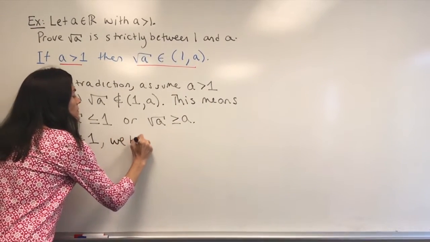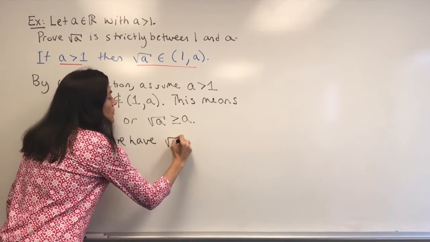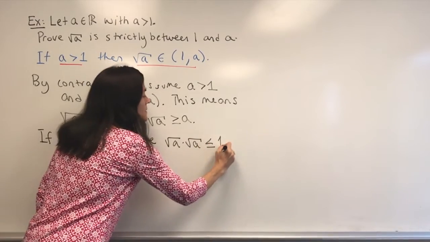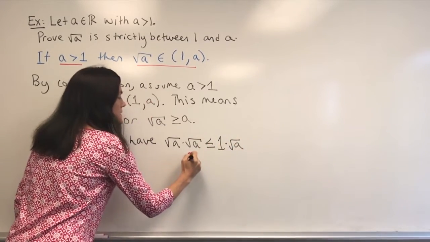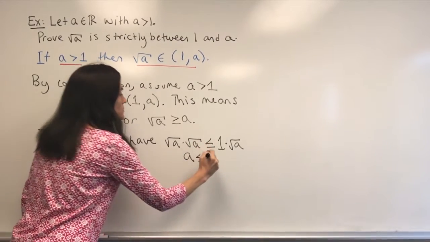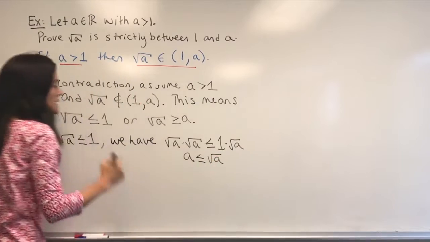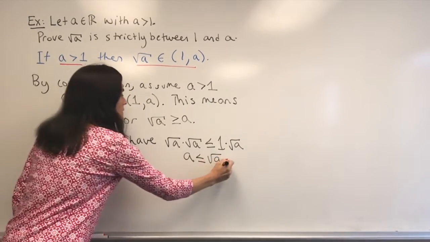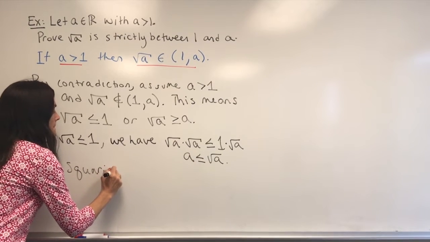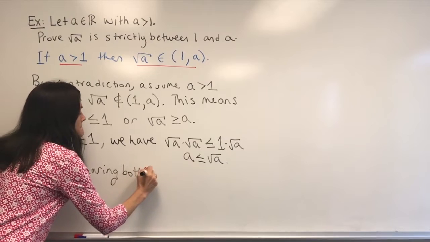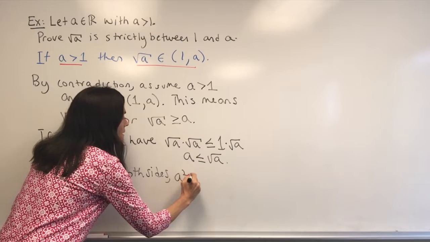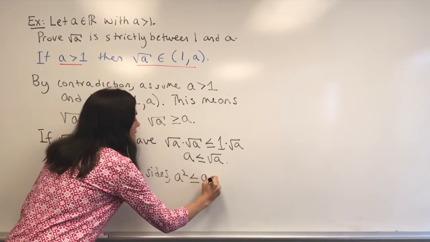So if I just multiply, we will have 1 times square root of A, and this says that A is less than or equal to square root of A. Okay, now, then squaring both sides, we obtain that A squared is less than or equal to A, okay?